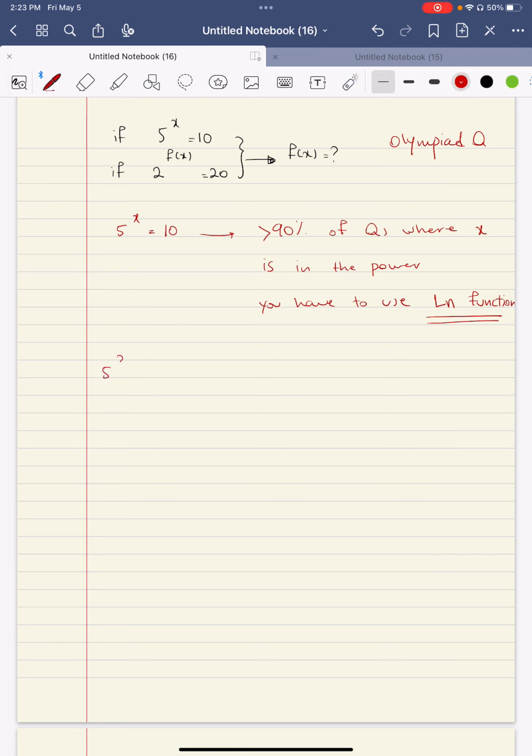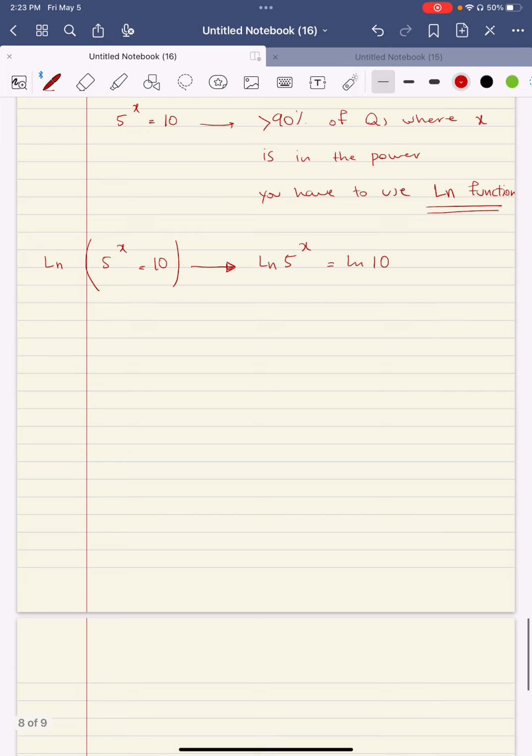So I have 5 to the power of x equals 10. I will apply the ln function to both sides of the equality. So I will have ln of 5 to the power of x equals ln of 10, right? We have this rule in ln's that says you can move the power to the front of the ln, so it will be b times ln a.